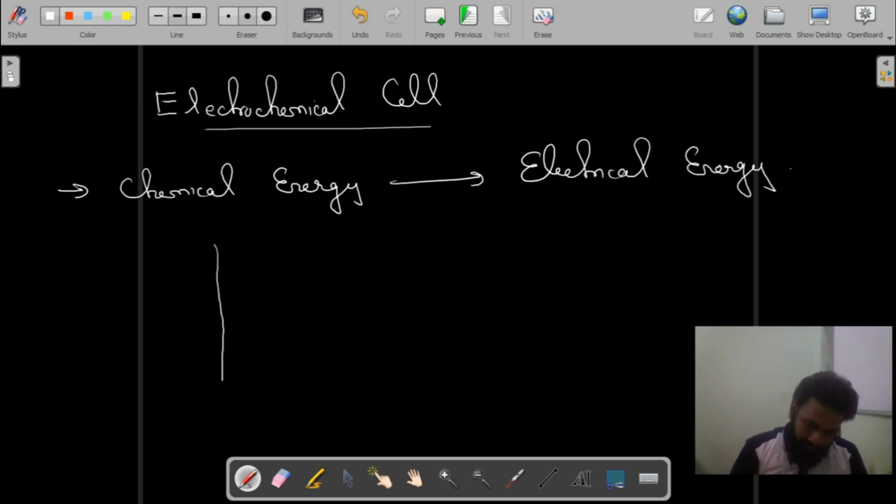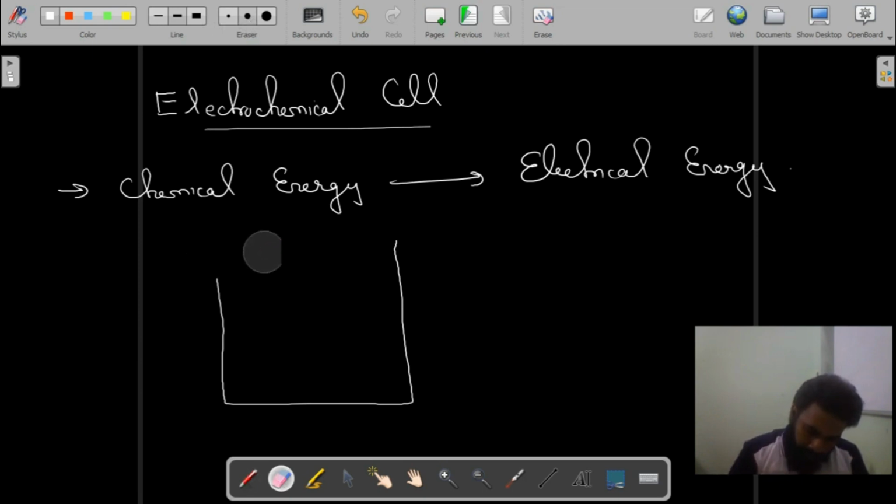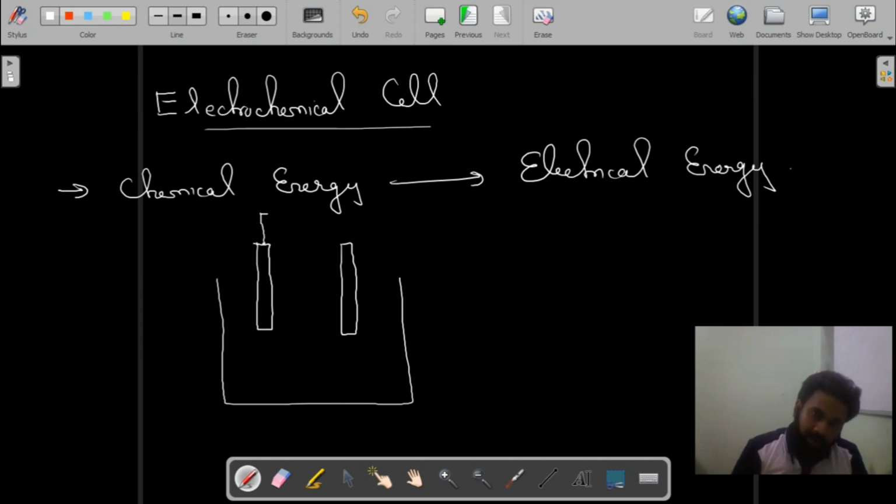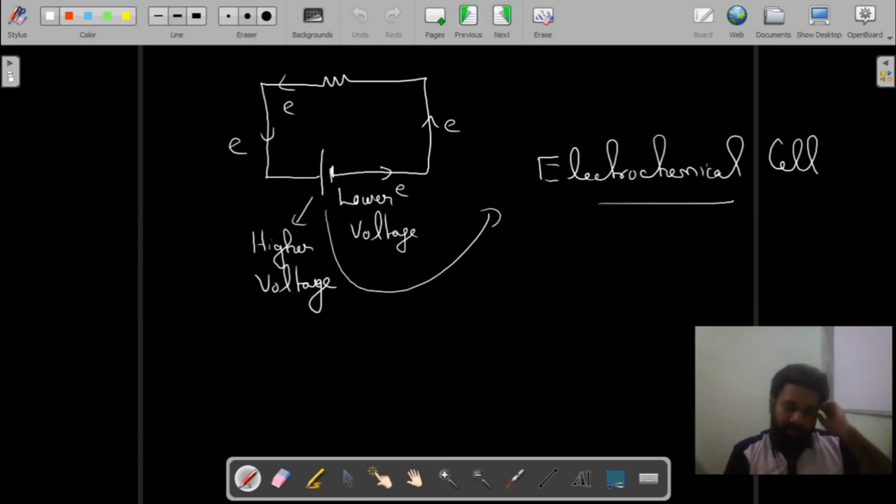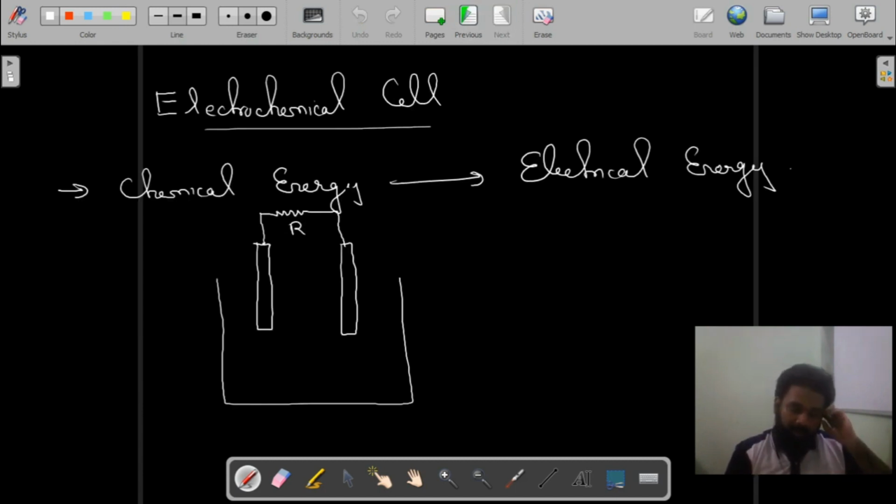Suppose we draw an electrochemical cell, it will have two electrodes like this. Now see, from one electrode I am making a connection and I am drawing the resistance also here. So outside, you can see in this figure a resistance here. This resistance is what I am drawing here.